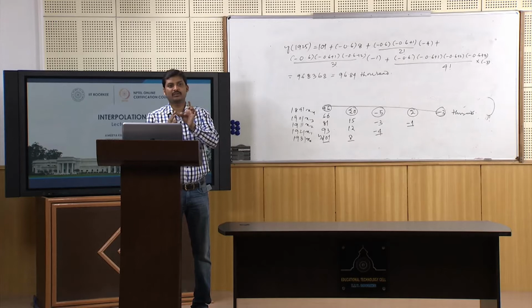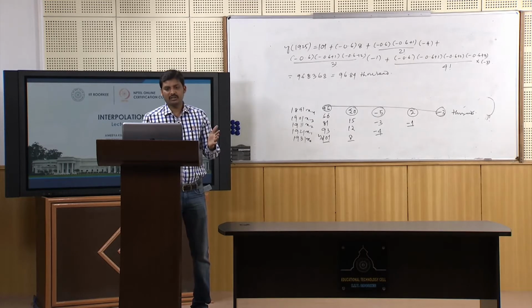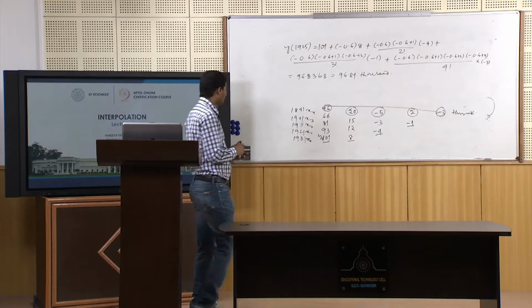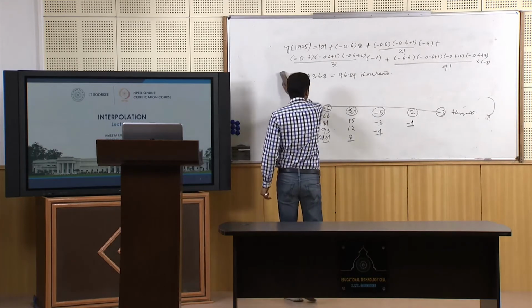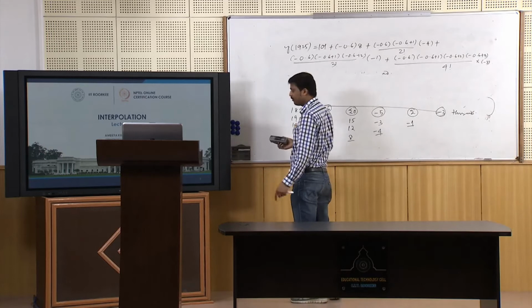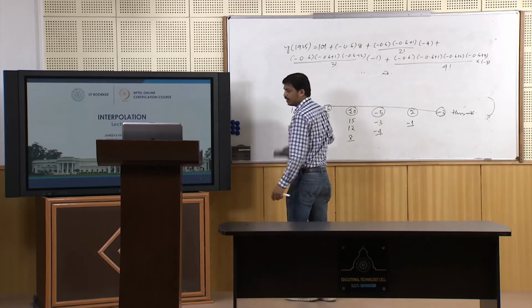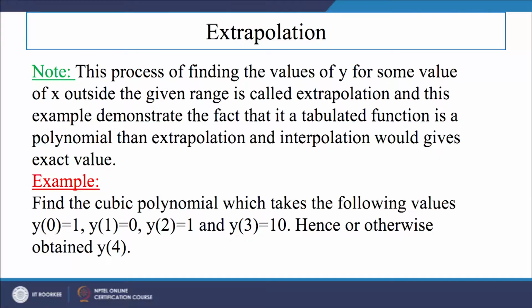It can be future data or past data. If the value is computed inside the table, that is called interpolation. If a value is asked to be computed outside the tabular values, it is called extrapolation, and we can use an example to find this extrapolated value.